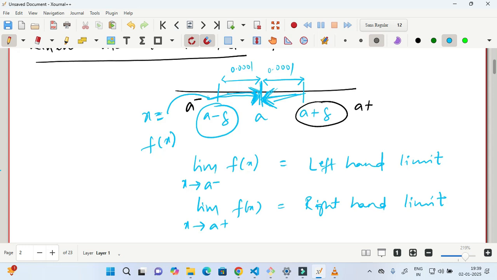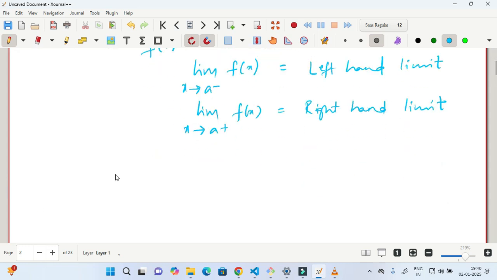If one approaches from one side and gets one answer, and approaches from the other side and gets a different answer, both are not the same, so in that case the limit doesn't exist. It's natural, no? If from left hand side and right hand side the value is a, and not some b or c, then the limit exists.